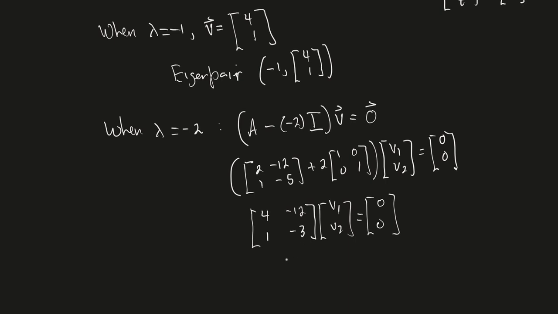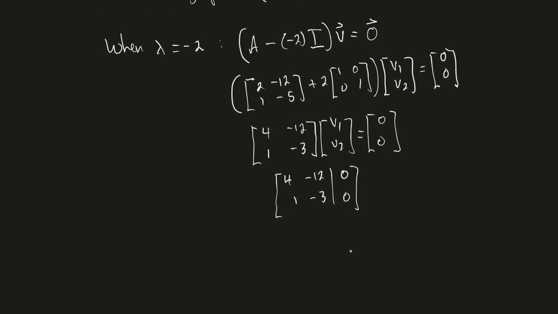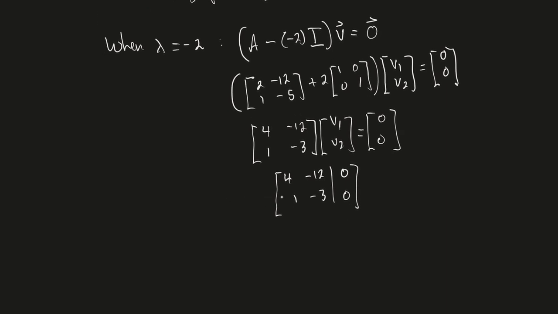So now if we put this in the augmented form, we are going to see a similar relationship, right? Again, if we swap rows 1 and 2, this gives me 1, negative 3, 0, and then the 4, negative 12, 0, right?